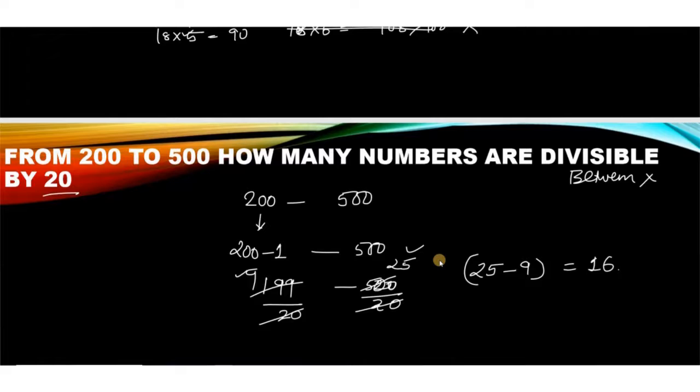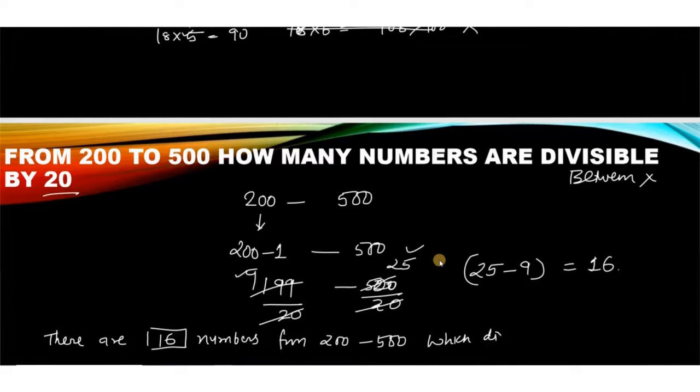It means there are 16 numbers from 200 to 500 which are divisible by 20. So understood?